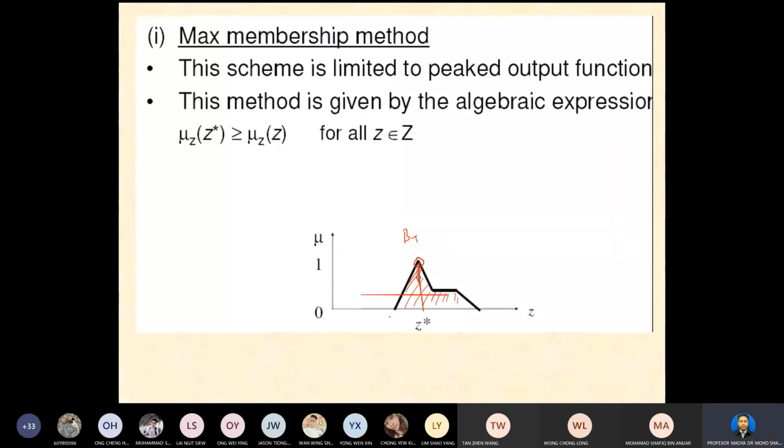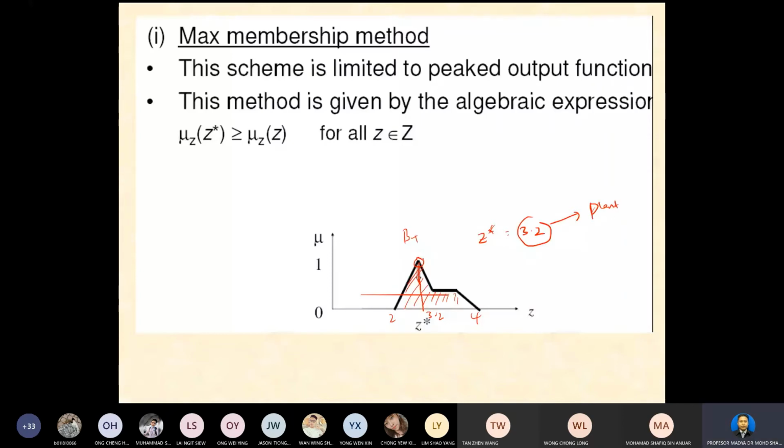For example, this value ranges from 2 to 4, and this is 3.2. So our output Z star is 3.2. This 3.2 goes to our system, our plant. This is straightforward if you use the max.